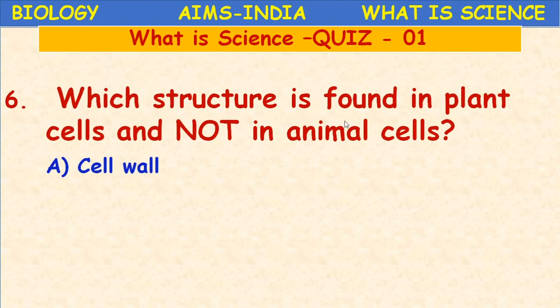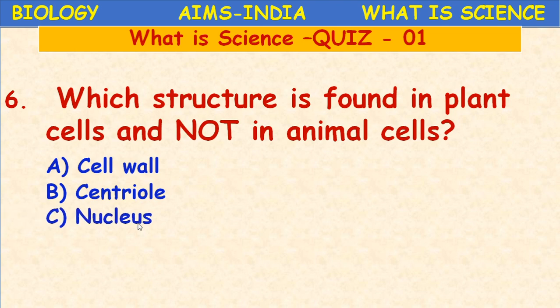Which structure is found in plant cells and not in animal cells? Cell wall, centriole, nucleus, cytoplasm. Here the answer given is wrong.